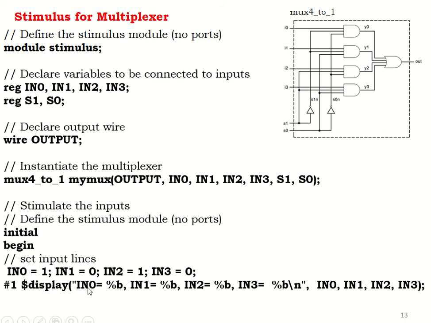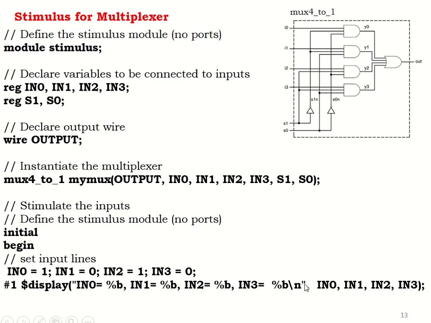Within the brackets, IN0 equals %B. Here %B is going to fetch the value of IN0 and display it. IN0 equal is the string, and in place of %B, the value of IN0 at this instance will be displayed. Similarly IN1 equals %B, taking the value of this, IN2 equals %B, the value in binary, and similarly IN3.